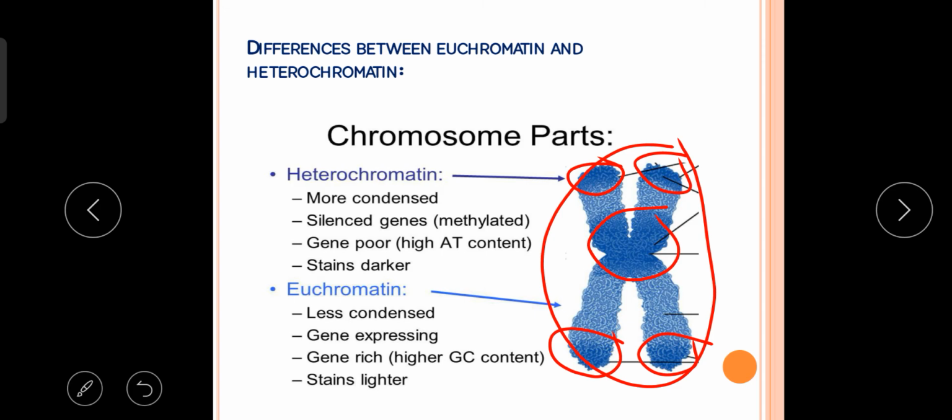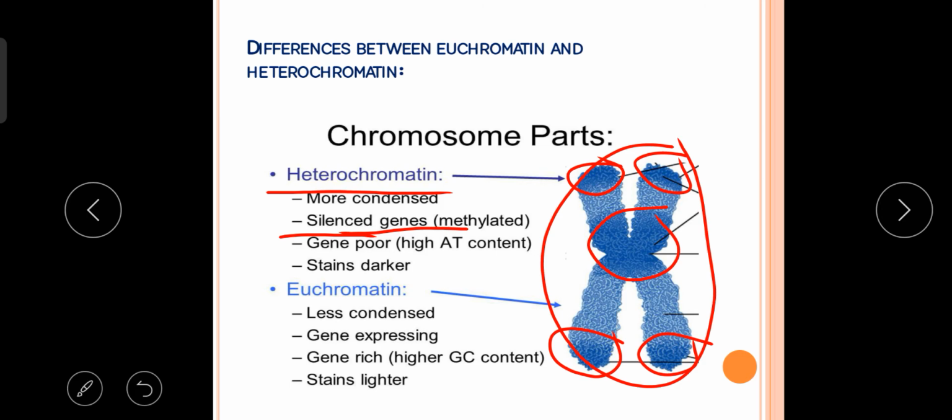And the DNA which are found in the heterochromatin are transcriptionally inactive. That means they contain the silenced gene.